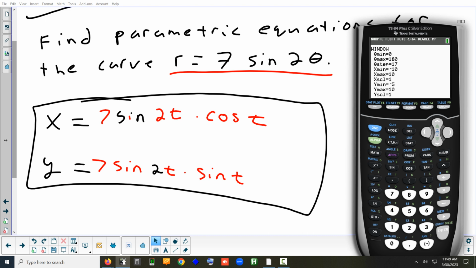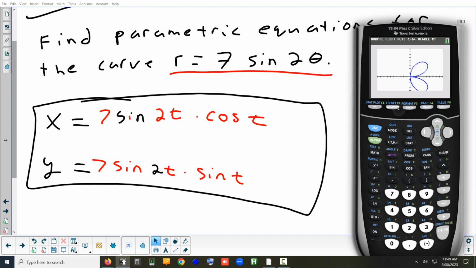I don't know. We might have to do 0 to 360. I'm not sure. Let's step by ones and see what we get. I know we're going to get 2, I'm just not sure if we're going to get all 4.